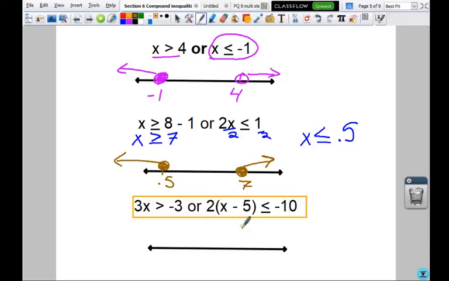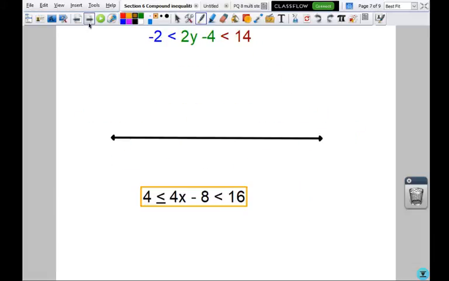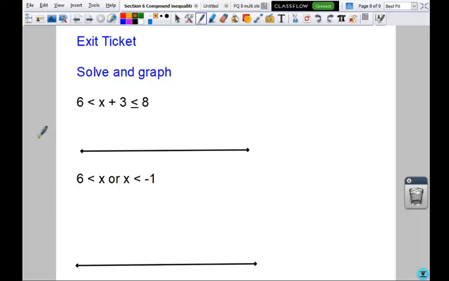All right. I think what I want to do now is we're going to skip this one. Don't worry about that one. We're going to skip ahead to the exit ticket over here, and we're going to skip our first exit ticket problem and just do our second one. I will turn on Socrative. It'll ask you questions about this first one. Just put something random and answer the questions about the second one. So skip the first 2 exit ticket problems on Socrative and just do the second 2.